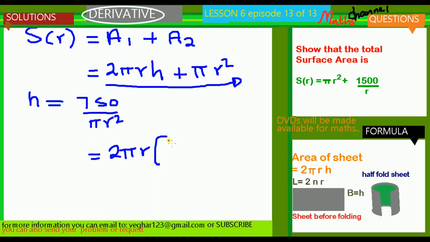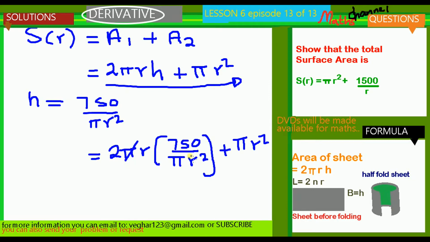Replacing the value of h: 750 divided by pi r square, plus pi r square.